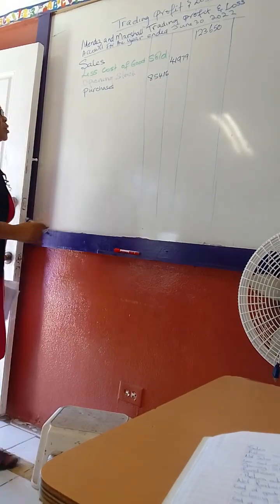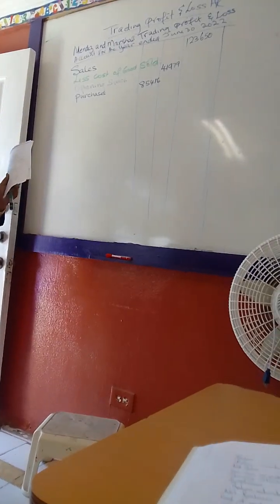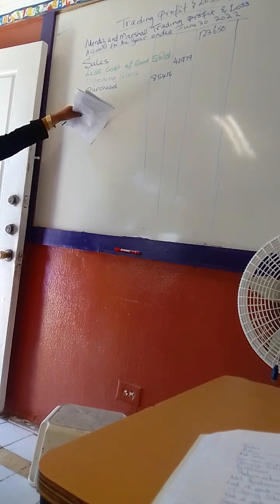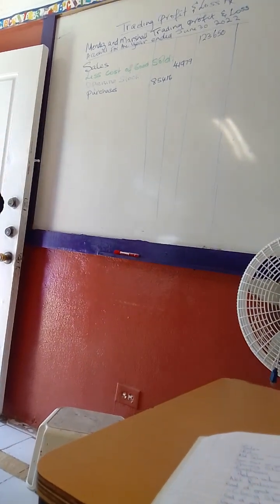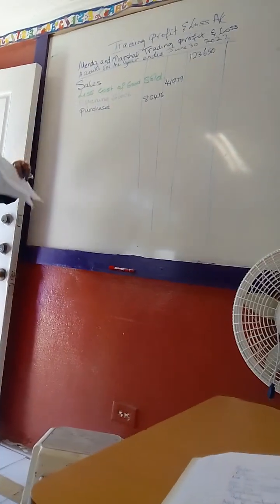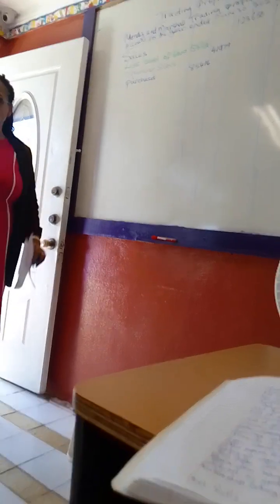I'm putting 85,416 in the first column because there are times when I have adjustments to do to my purchases to get net purchases. In the formula, carriage inwards and returns outwards are adjustments we have to do to purchases.